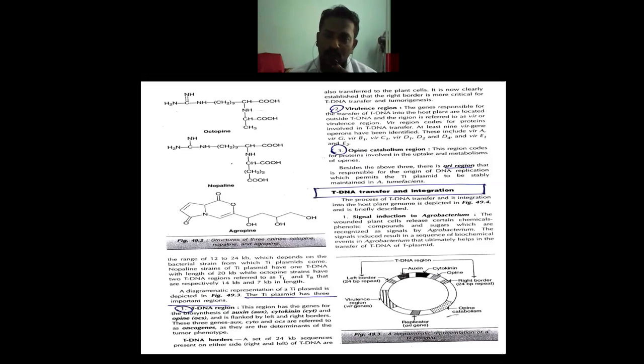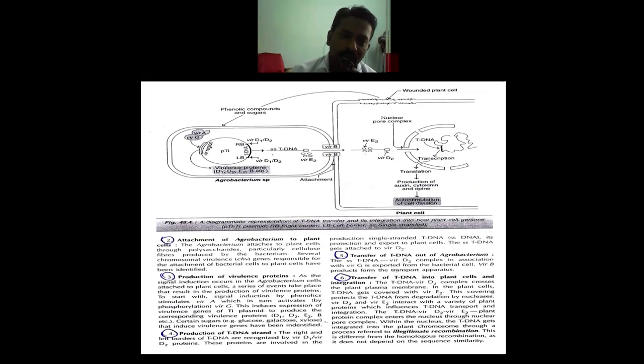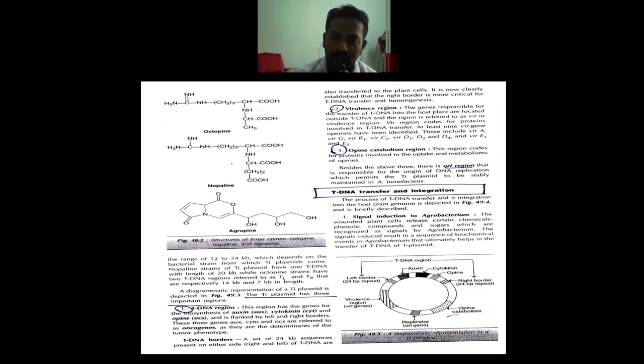The first is signal induction to Agrobacterium, the second is attachment of Agrobacterium to plant cells, the third is production of virulence proteins, the fourth is production of tDNA strand, the fifth is transfer of tDNA out of Agrobacterium, and the sixth is transfer of tDNA into plant cells and integration.